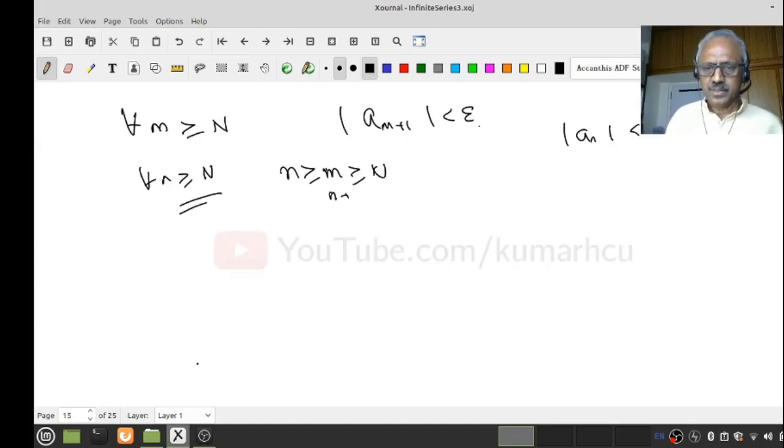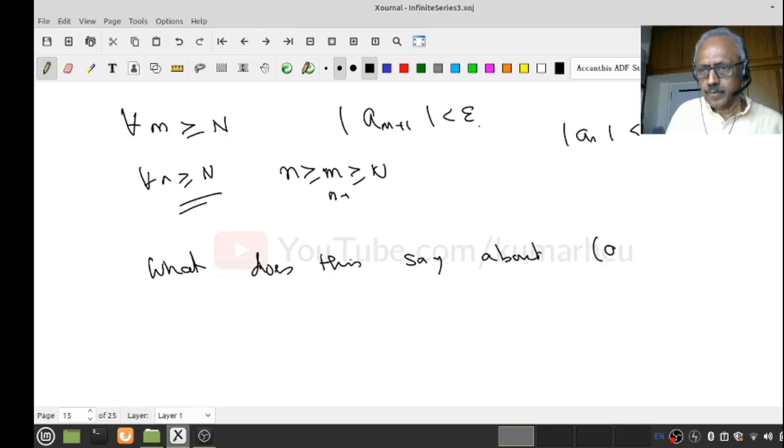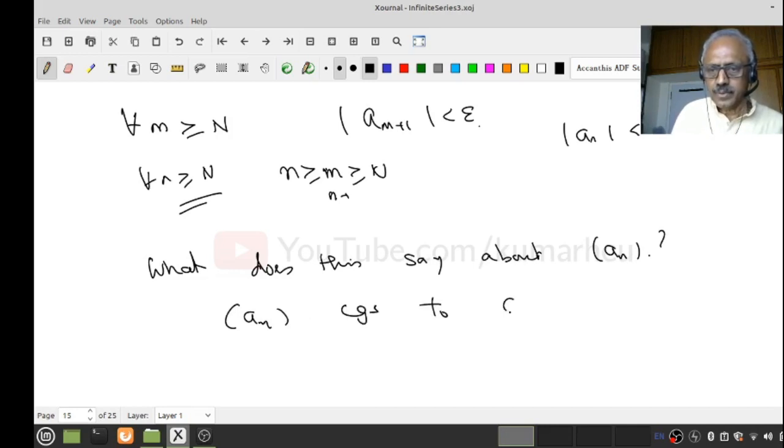So what does it say about the sequence? It says a_n converges to 0. Do you understand?